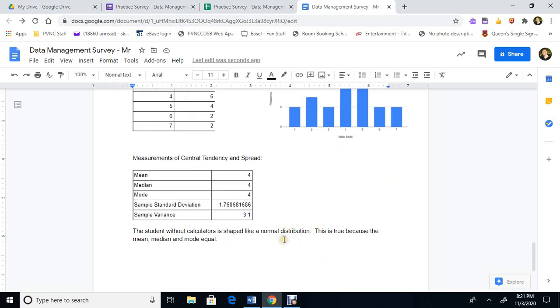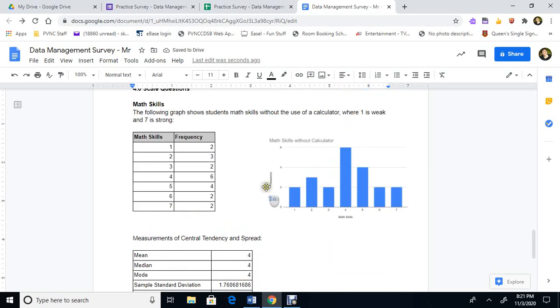So we can also say most students feel they are average without the use of a calculator. And then we can go on to the next one. I'll do another one and we'll come back and do the last video.